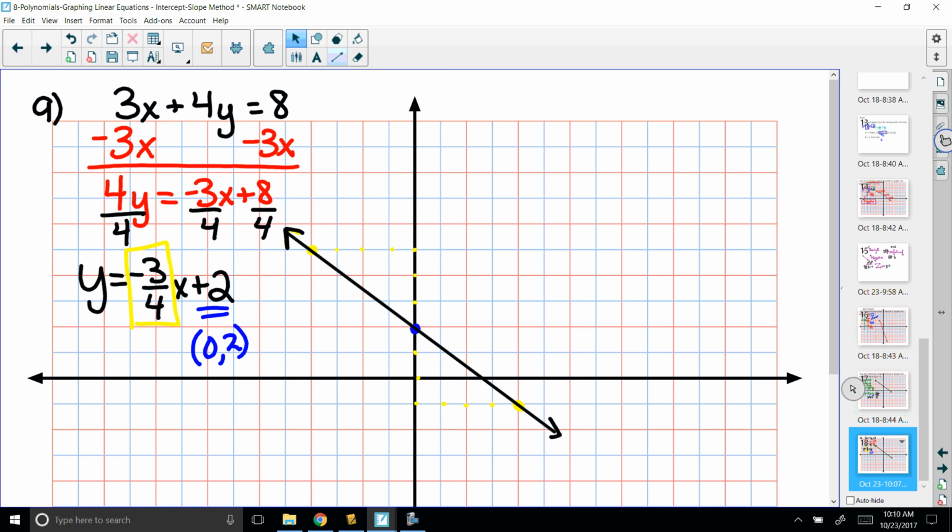There's the graph of your line. Slope y-intercept method is easier to graph, I think, than picking points. But whenever you're asked to graph a function, you could always pick points and graph. Does that refresh your memory from Wednesday? Yes.